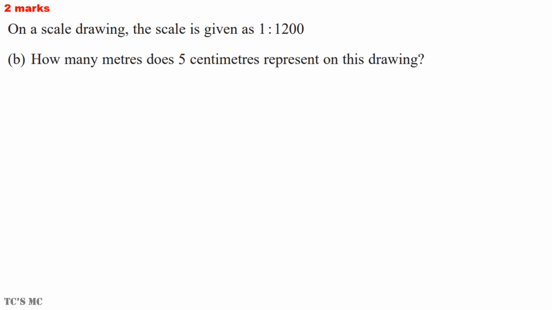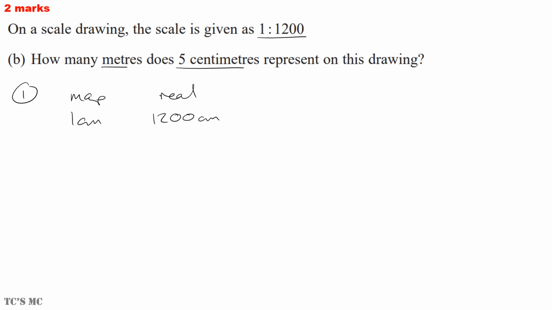On a scale drawing, the scale is given as 1 to 1,200. How many meters does 5 centimeters represent on this drawing? Step 1, I am going to use the headings map and real. 1 centimeter on the map will represent 1,200 centimeters in real life.